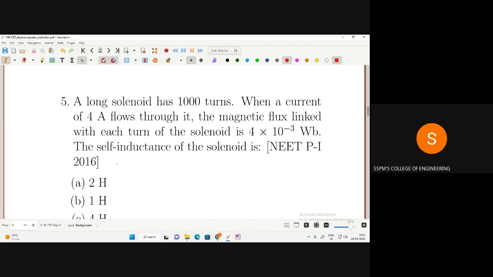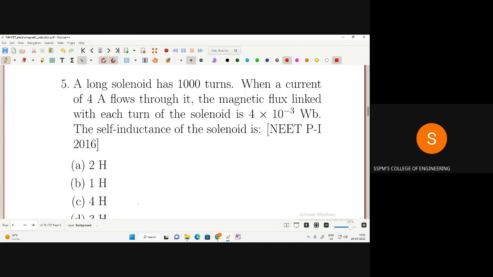So what is the equation for flux in terms of self-inductance? N phi, where N is the number of turns and phi is the magnetic flux, is equal to self-inductance into I, where I is the current. So what data is given? Note down.